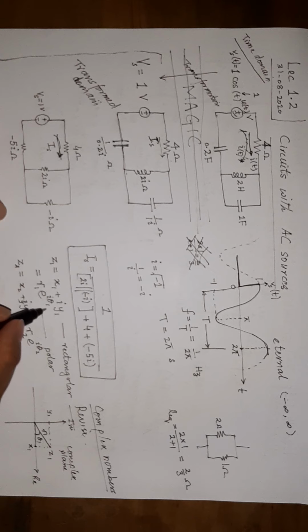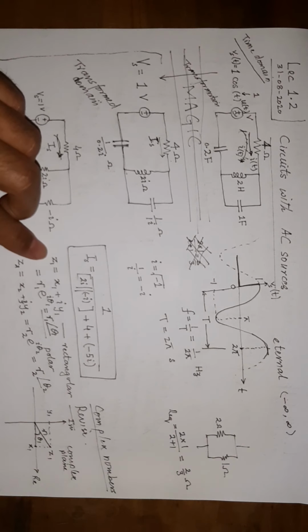There is another way of writing this polar form. Instead of writing e raised to the power iota in all complex numbers, we replace them with the sign of an angle. So r1 angle theta 1 is still the same as this one, but it's easier to write. So r2 angle theta 2.